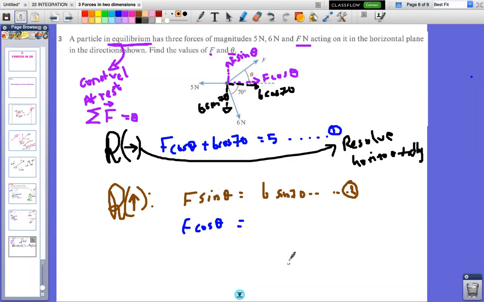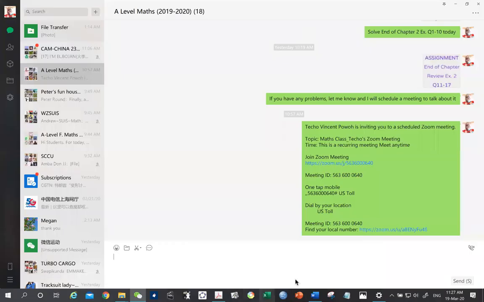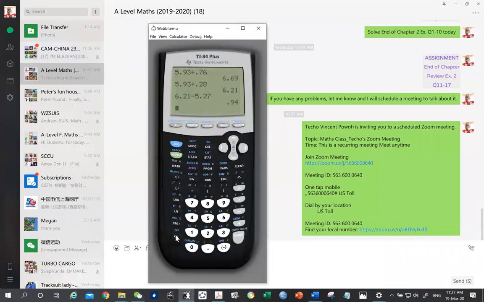You can do a quick calculation with your calculator and state the result. 5 minus 6 cos 70, correct?